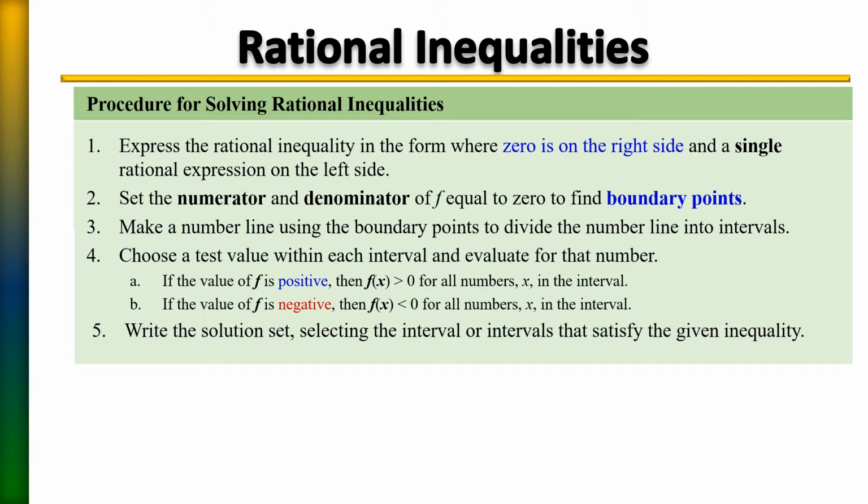Step 5, look at your original given inequality to determine what region you were looking for. Were you looking for positive values? Were you looking for negative values? Whatever regions or intervals satisfy the given inequality, that is your solution.